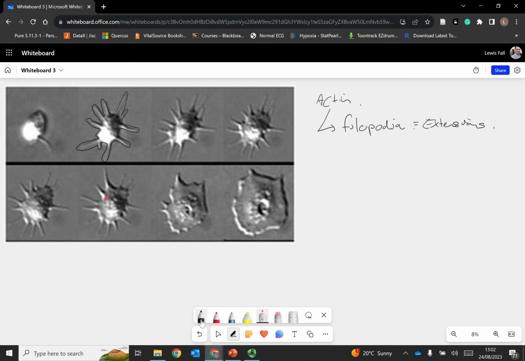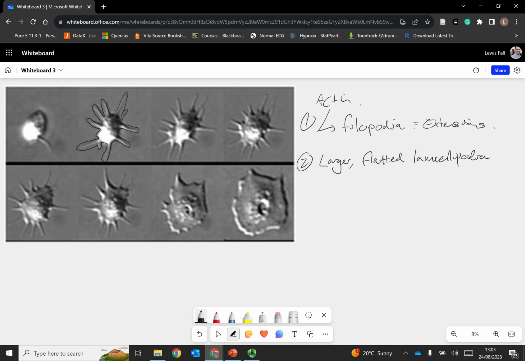So we'll call this stage 1. Stage 2 is going to be these larger, flattened structures called lamellipodia. They fill in the gaps between the filopodia.